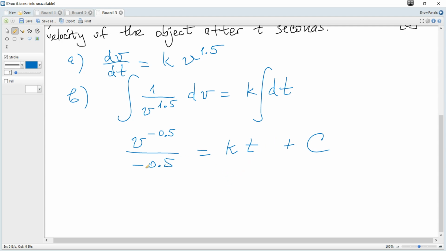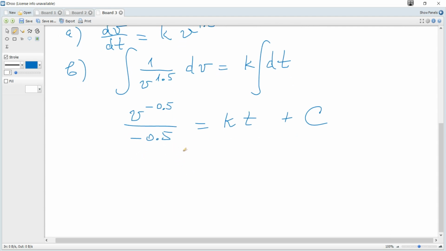And we can multiply each term on both sides by negative 0.5 to get v to negative 0.5 is some constant, which also should be found, multiplied by negative 0.5, which is just another constant to be found.